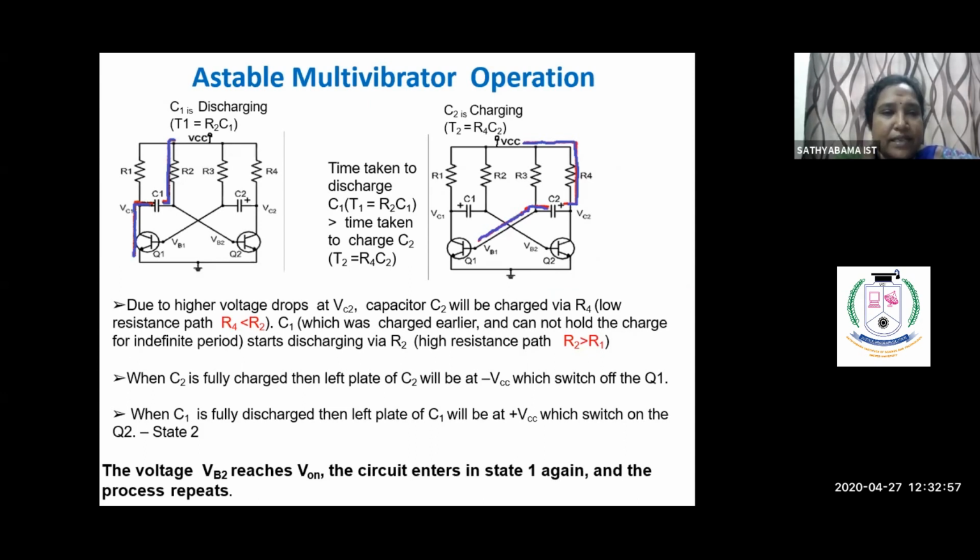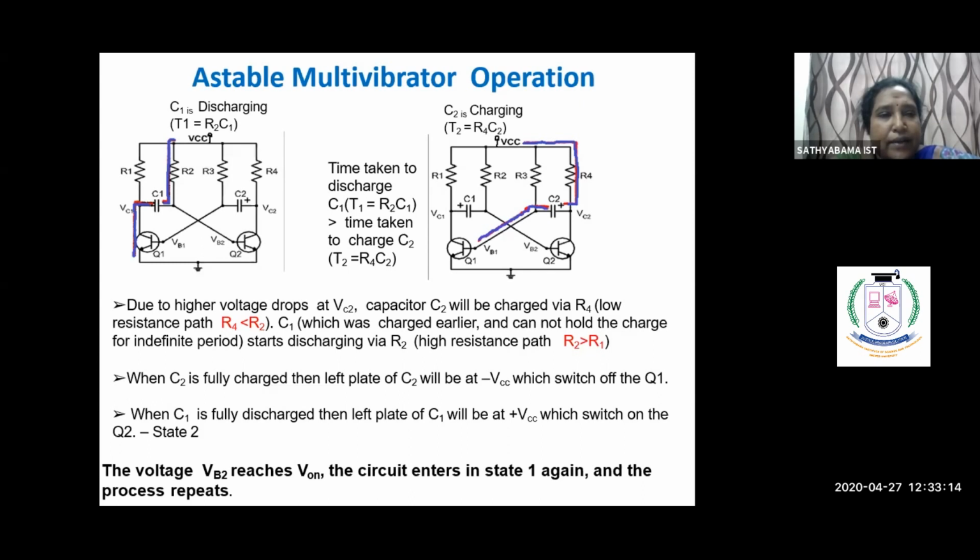In the first diagram, C1 is discharging, and the time period is given as T1 equals R2 into C1, and C2 is charging, T2 equals R4 into C2.